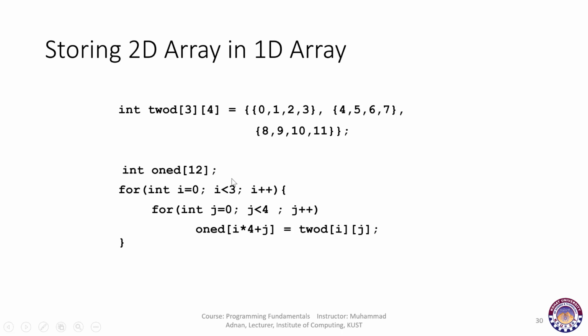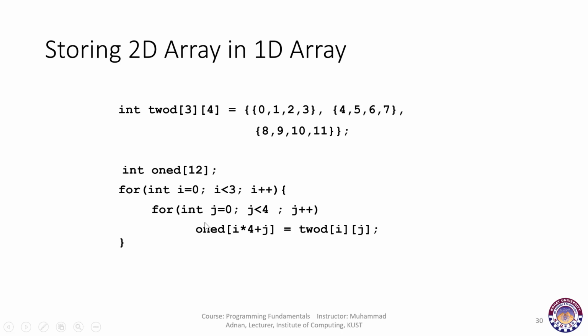For this we are going to use the outer loop and the inner loop, two for loops. In the outer loop we initialize the variable i with 0, and then we test the condition i is less than 3. Yes, it is less than 3.